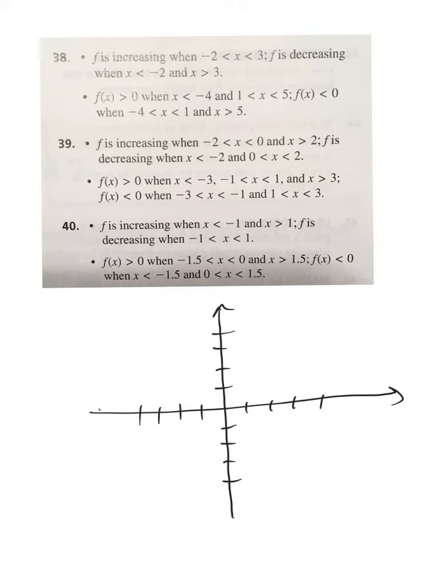It's above the x-axis between 1 and 5. So here's 1 and 5, I guess. It's above the x-axis, so we know that it's got to go up in this direction. And then when it gets to the 3, it needs to start going down. Whew, okay, and so that's all the stuff above the x-axis.